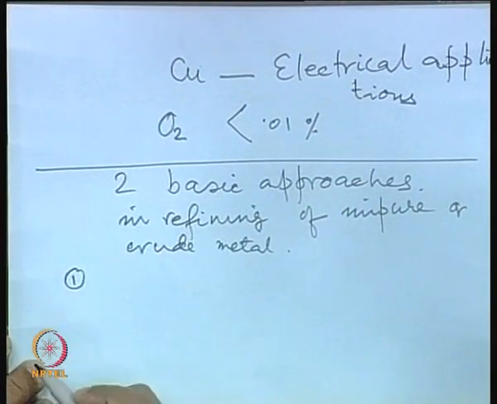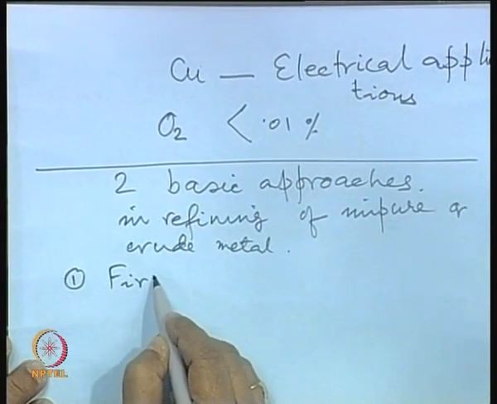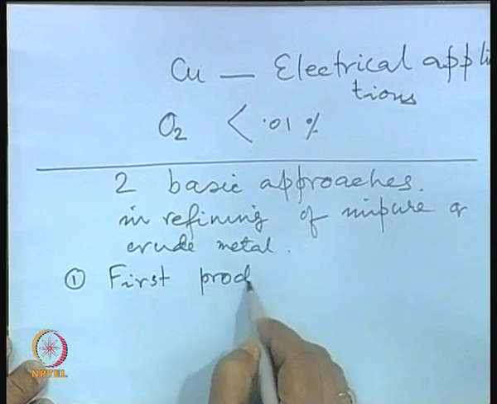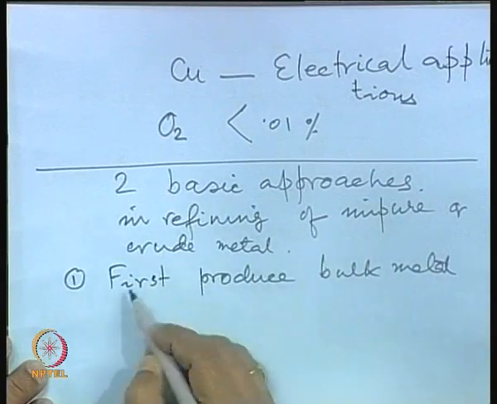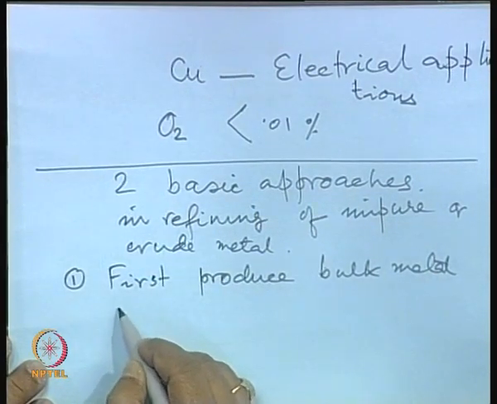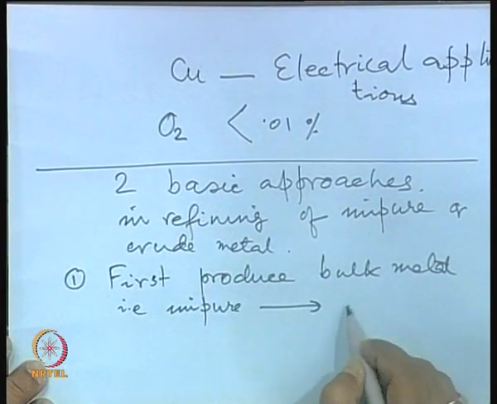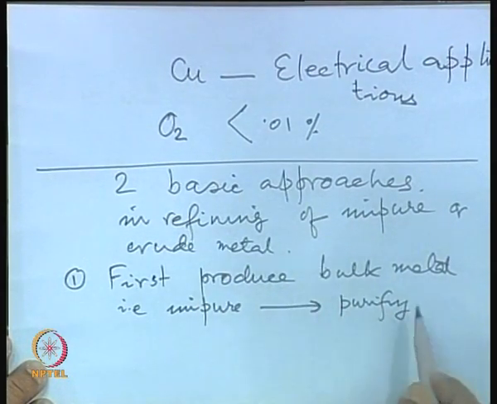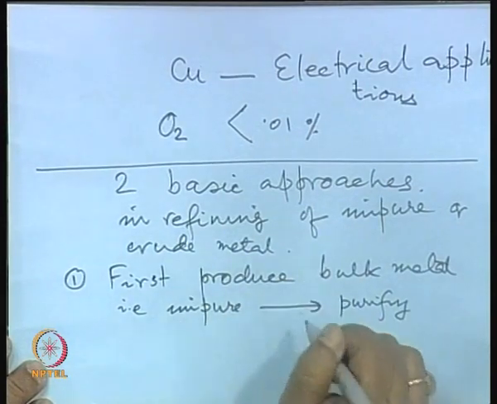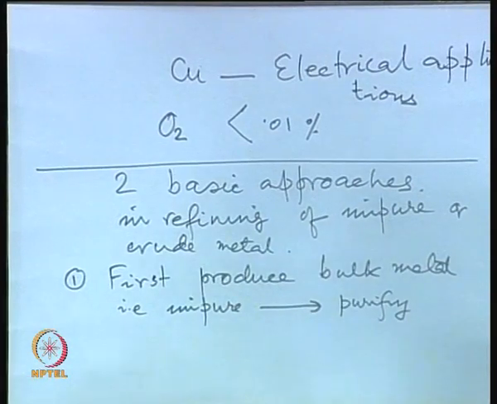Approach 1 is first produce bulk metal, that is impure, then purify. Now, in the beginning the aim is to produce as large a quantity as possible, bulk recovery, and after you got the bulk recovery, then you worry about the impurity contents.